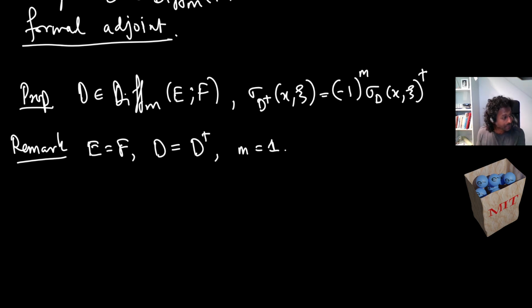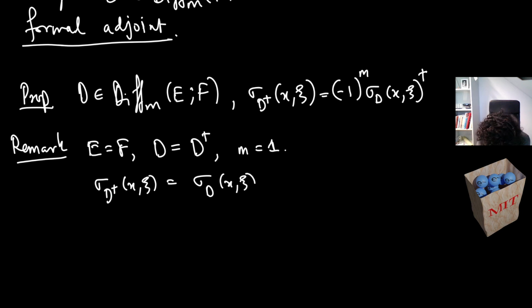The formal adjoint, which is, as I said, equal to itself, is now minus more or less the transpose of itself. So what it's saying is that the principal symbol is skew adjoint. So for formally adjoint things, we have something skew adjoint.